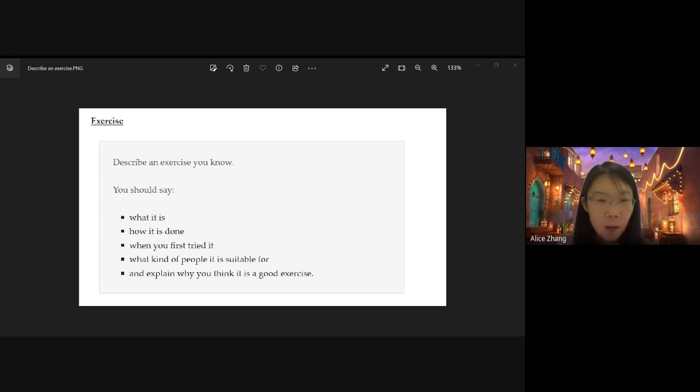But besides this, I still try to persuade myself to exercise more because it is good for my health, and I think jogging is a good way to exercise because other exercises need a lot of preparation, such as soccer.